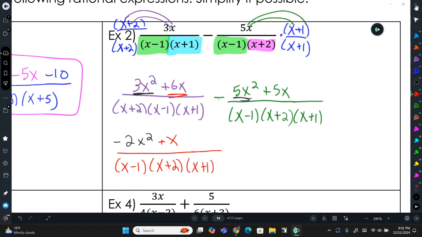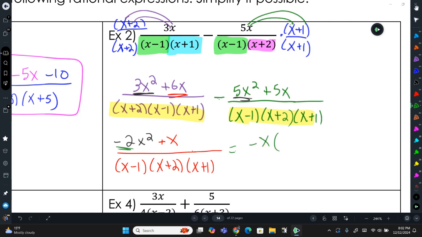Now, the denominator, you can write those factors in any order. If I'm looking back at this, I rewrote them in different order from here to there. That doesn't matter. You're just multiplying them. The order can be anything. Now, in the numerator, I can factor out a negative x. And I'm doing a negative x because my leading coefficient's negative.